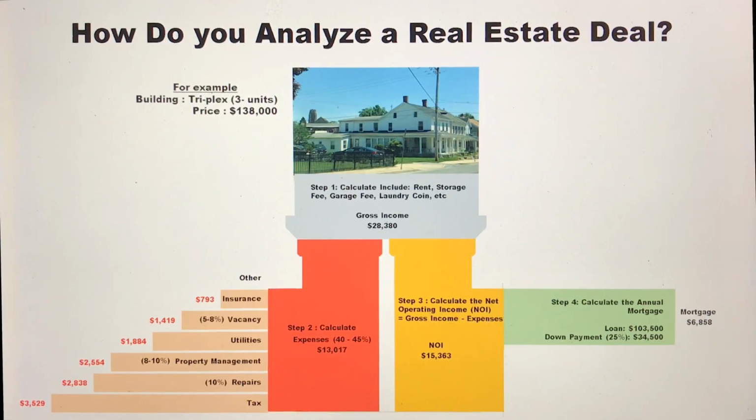In our case, we decided to put down 25% as a down payment, and we took a loan of about $103,500. Our mortgage came out to be per year about $68.58. This is step four.